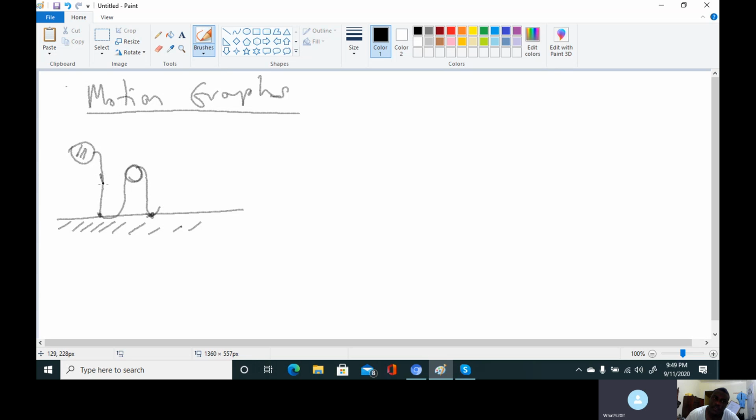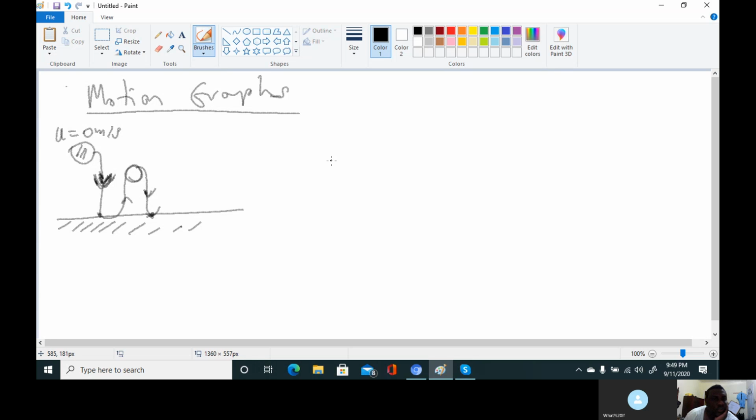The ball falls, bounces, reaches maximum height, falls again, and hits the ground. Just like how the arrow is showing, that is what happens. So the ball is released from rest, so the initial velocity is 0 meters per second. We're going to analyze the motion graphs for that ball.